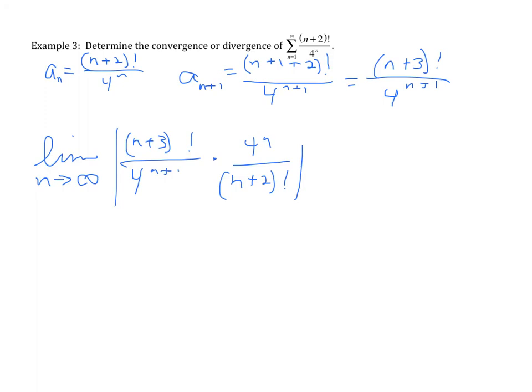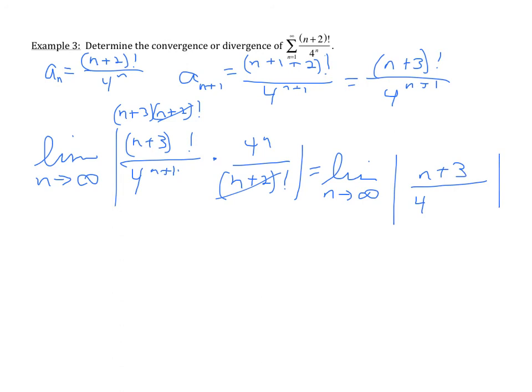All right, so we know that the 4 to the n's will cancel and leave us with 4 on the bottom. And n plus 3 factorial is n plus 3 times n plus 2 factorial, and those will cancel out. So we're going to have n plus 3 over 4. And that, as n goes to infinity, is in fact infinity, which is of course greater than 1.